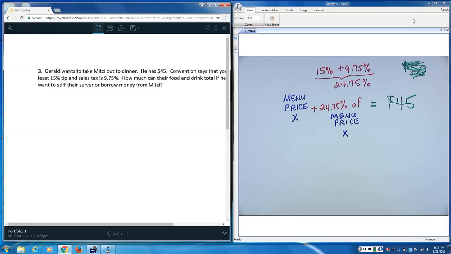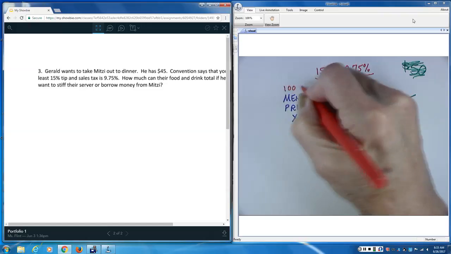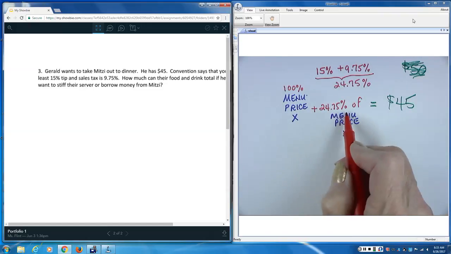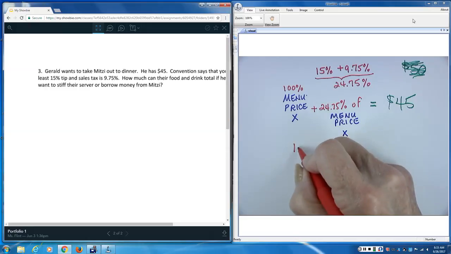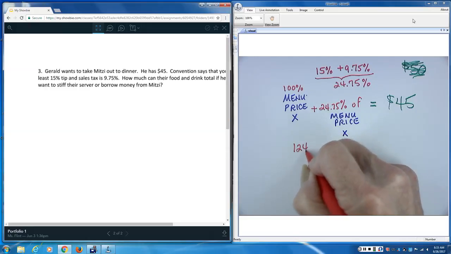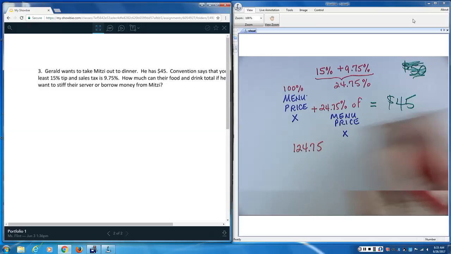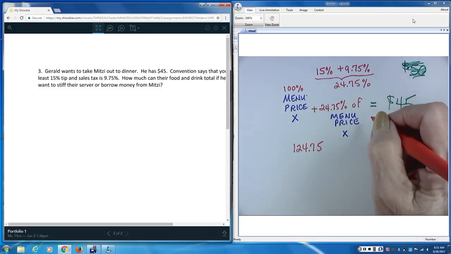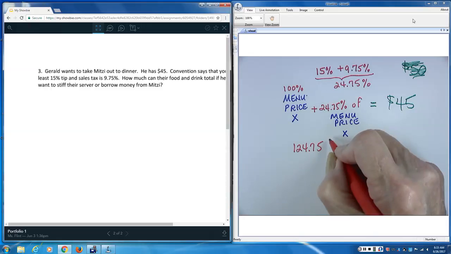And since the tax is being added, the easiest way to handle that is to take 100% of the menu price plus the 24.75% of the menu price and multiply your menu price by 124.75. Oops, yeah, that's right. It's 124.75%.